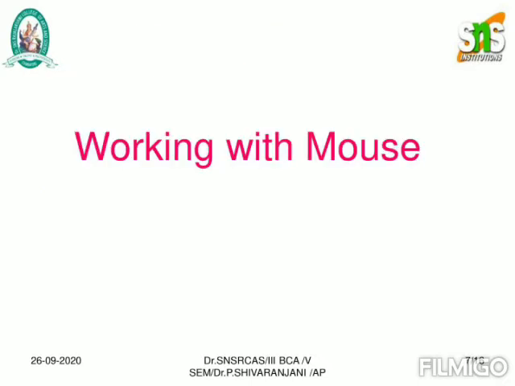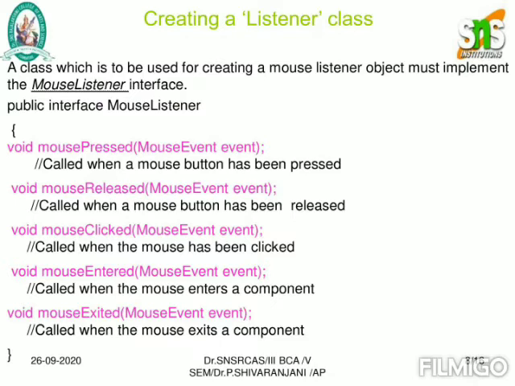The next thing is how to work with the mouse. First you have to create a listener class for the mouse with the help of the MouseListener interface. This MouseListener interface is used for creating a mouse listener object. This example specifies how the MouseListener interface works.